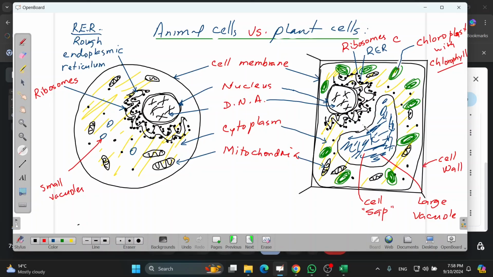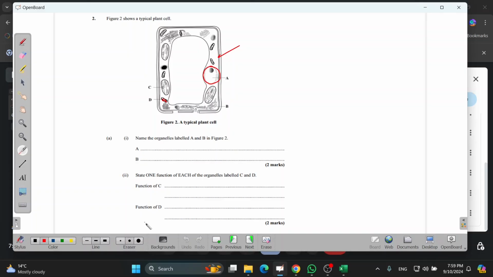Okay, guys? So just look at these diagrams here. You need to know all these names and what they do, right? So the question that I mentioned before, maybe now you can answer some of these questions, guys. So look, name the organelles labeled A and B. So A, as we said, is the nucleus, right?